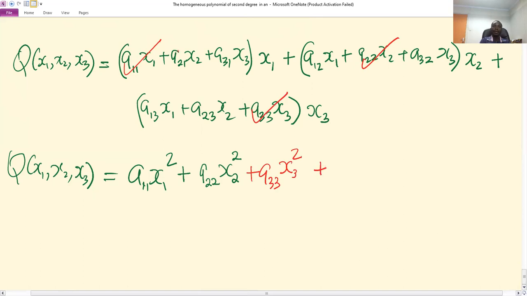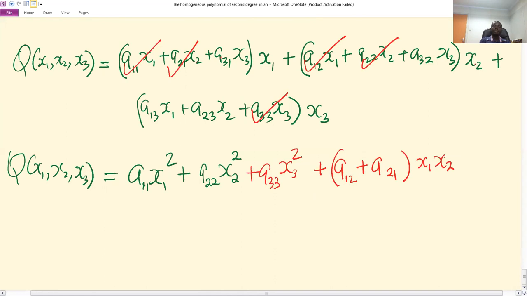Plus, now here I'll have x2 x1, and here I'll have x1 x2. So I bring them together. I write a12, this one here, plus a21, this element here, and then you multiply by x1 x2. So this one is taken care of, this one is taken care of.